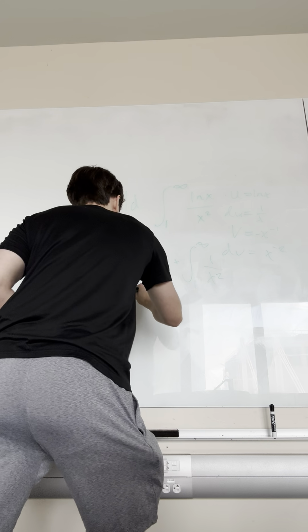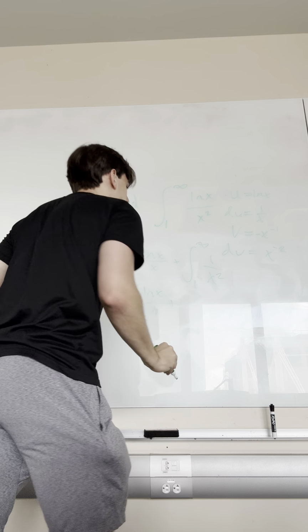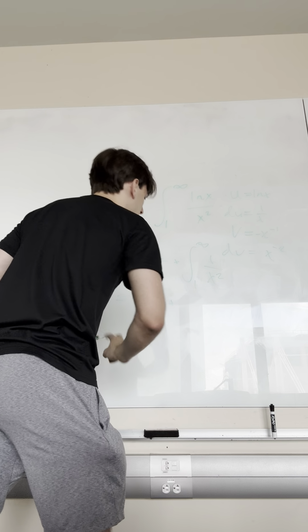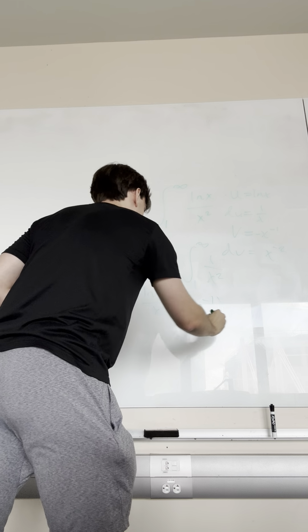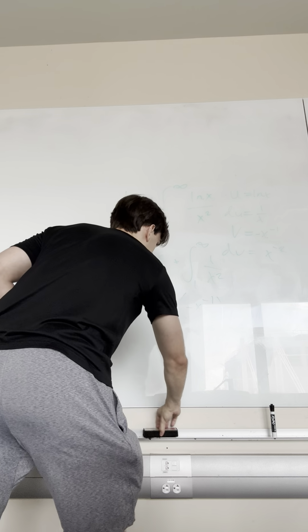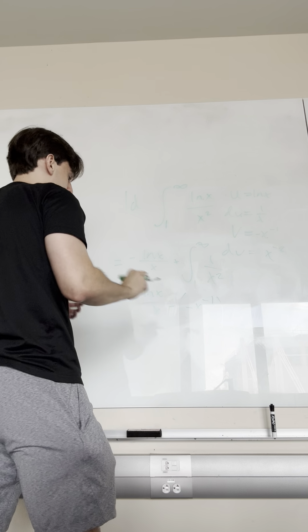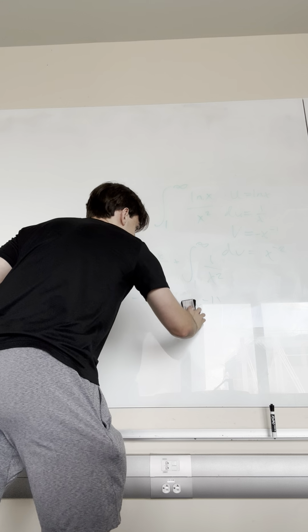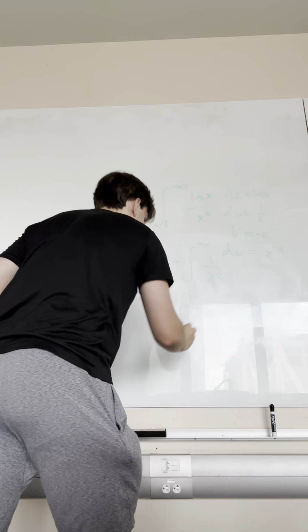And we get negative ln of x over x plus negative x to the power of negative 1. Again, take the negative out, make this a positive: negative ln of x over x minus 1 over x.